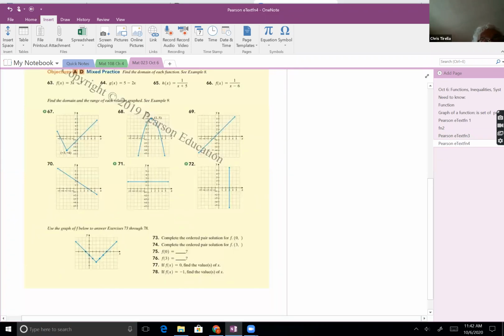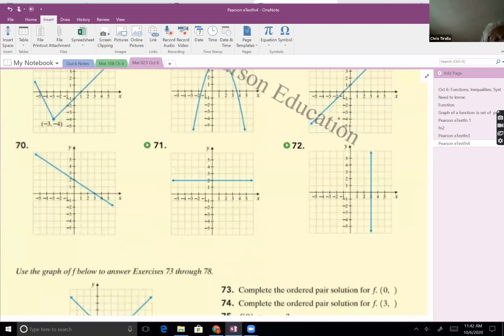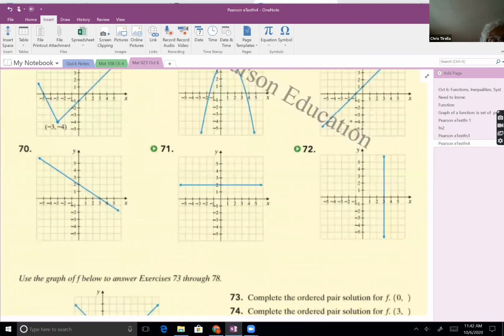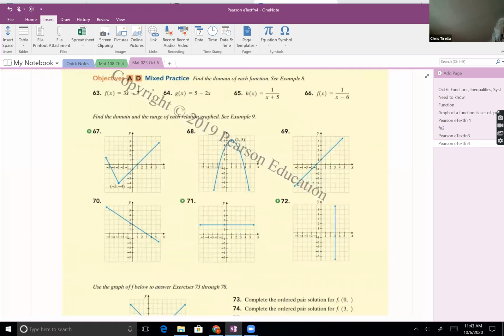Down here, I'd like to look at 67 through 72. And for each of these, we're asked to find the domain and the range. So let's start with question number 72.